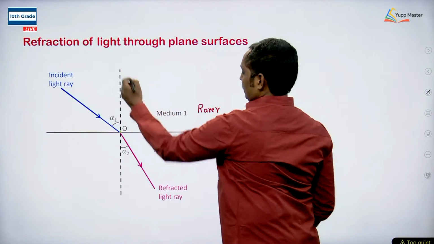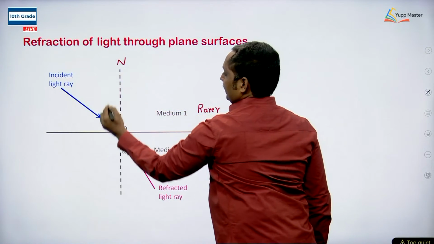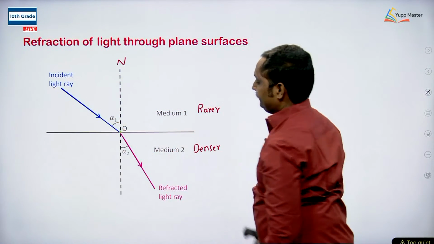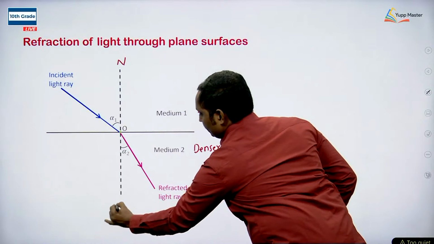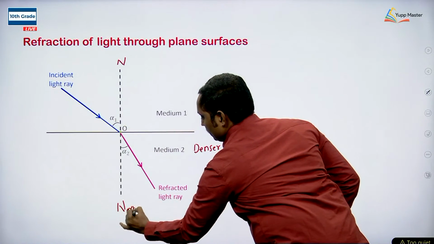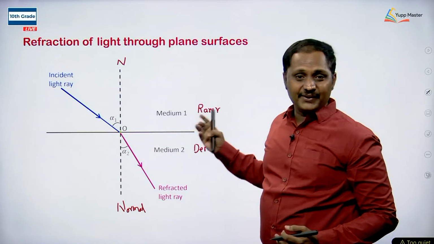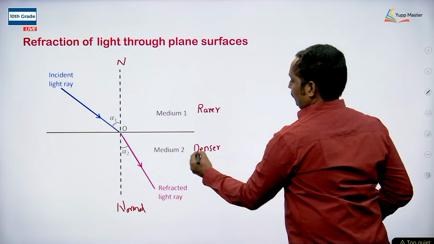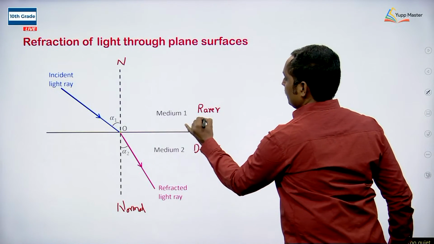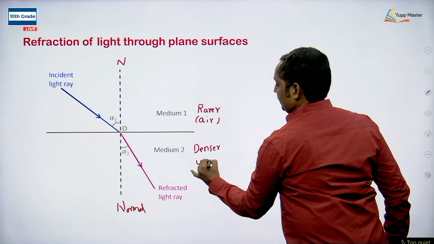This is the normal, and the angle is measured with respect to the normal. When light enters from a rarer medium to a denser medium, say air to water, light bends towards the normal.